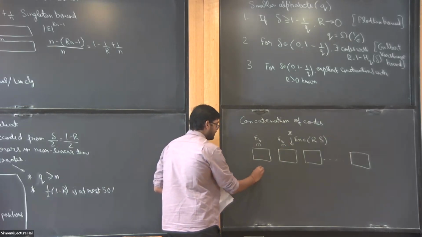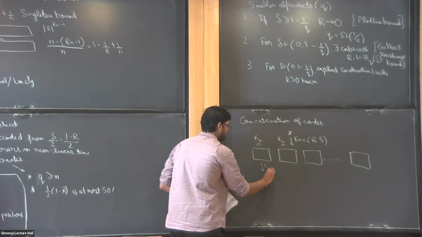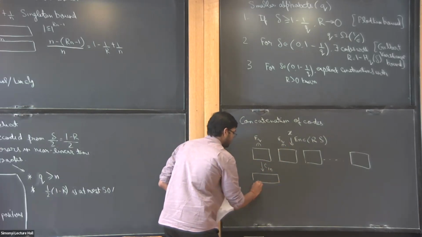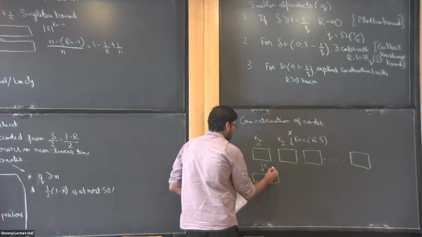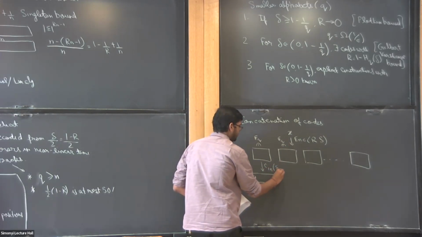The key idea is that we take an inner code and encode this block further. And this inner code is over a smaller alphabet, sigma_n.